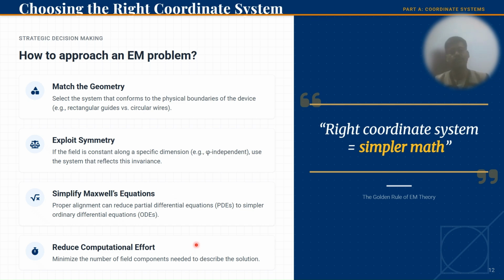Simplify Maxwell's equations: we go from partial differential equations to ordinary differential equations, and it reduces the computational effort and minimizes the number of field components needed to describe the solutions. So the golden rule of EM theory: right coordinate system, simpler math, right?